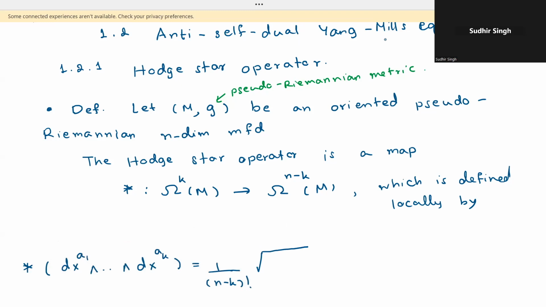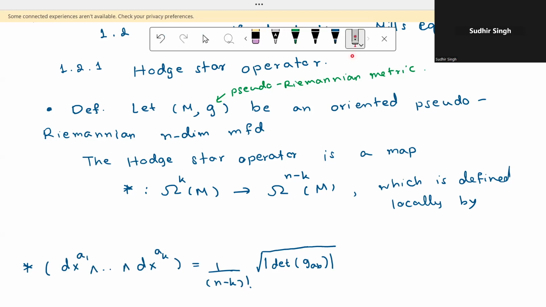the square root of the determinant of the matrix g_ab. The determinant of this matrix, whose entries are the coefficients of the pseudo-Riemannian metric, when we write g with respect to the coordinate one-forms.